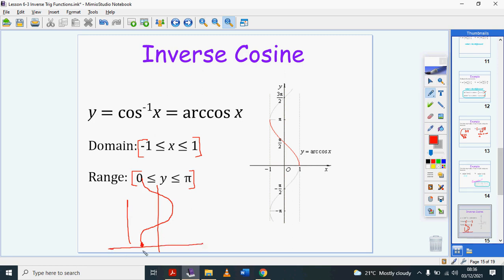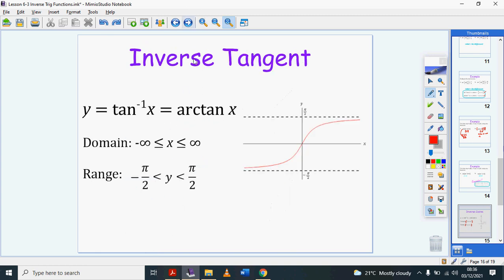I'll have my full graph starting at 0. So that's why its range is going to be from 0 to pi, and you have a full period at pi. So yeah, that's the domain and range of an inverse cosine function.